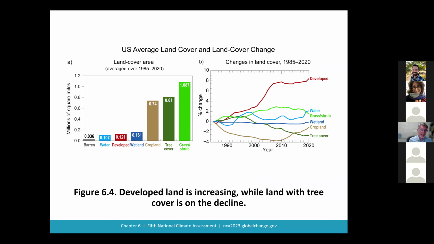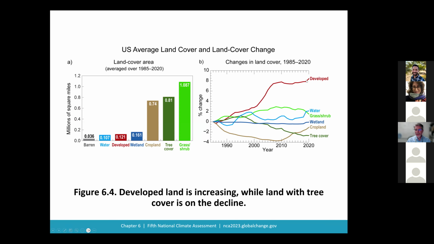A benefit of that data set is that it also looks at changes over time. And this is just showing a quick view of how the different categories of land use and land cover are averaged over the period of 1985 to 2020, and then how those categories have tended to change in terms of percent change from their starting point in 1985.